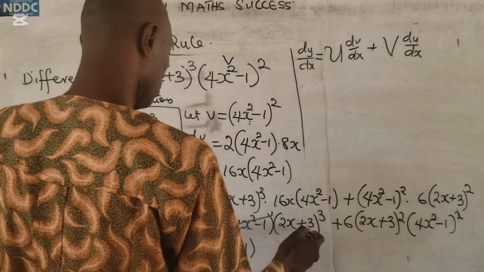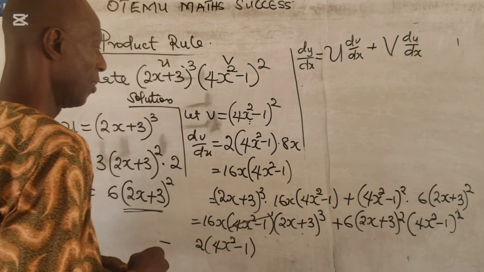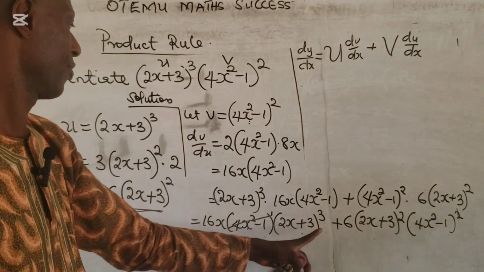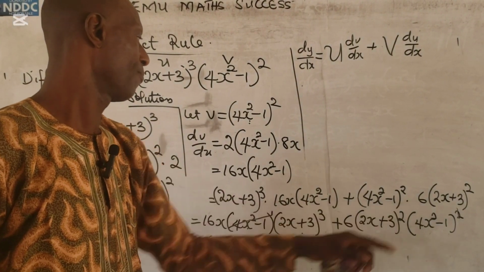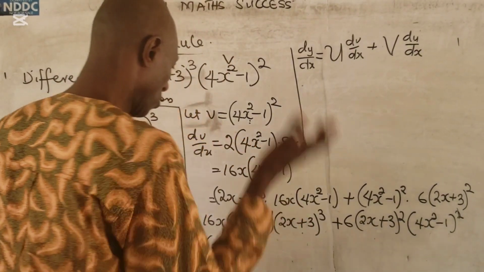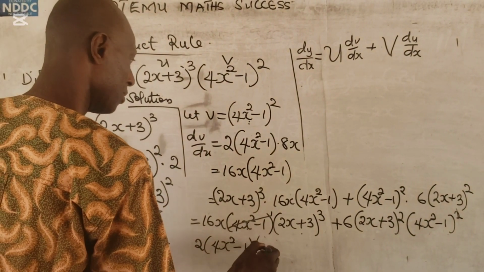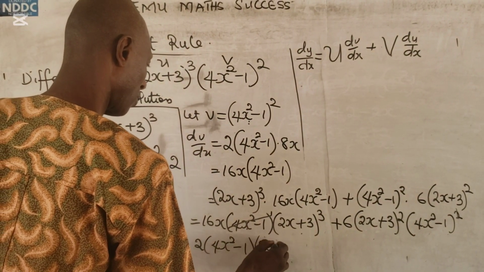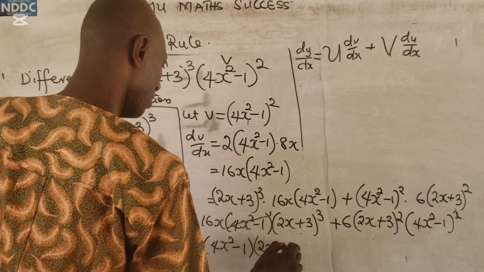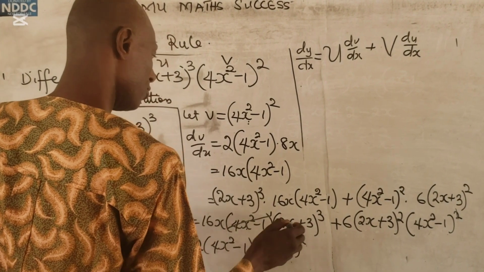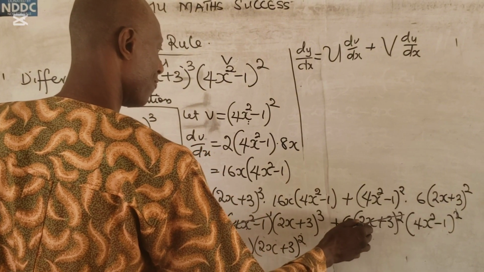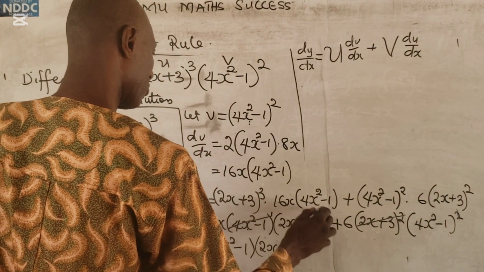When you look at here too, here is (2x + 3)^3. We have (2x + 3)^2. So this one will come, which is (2x + 3)^2. So this one is off. This one remains one of it.